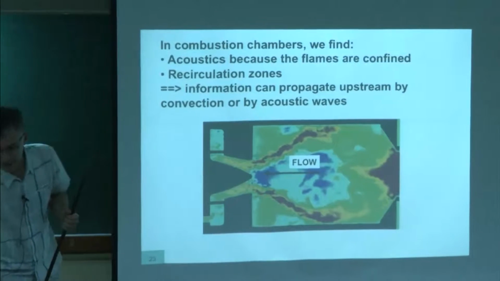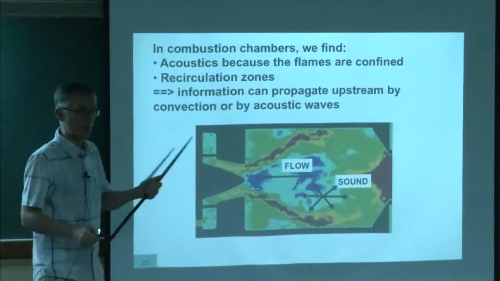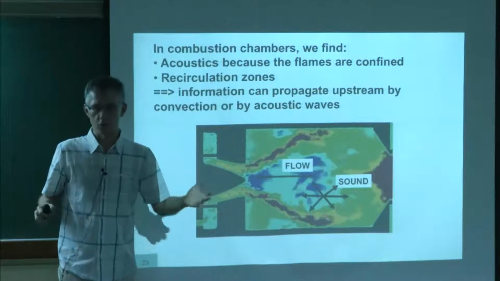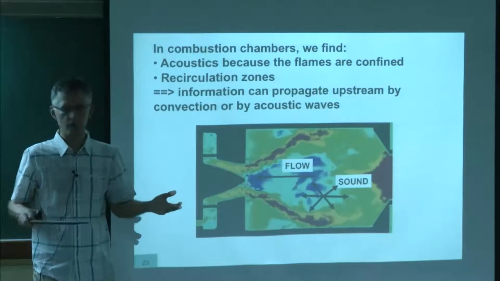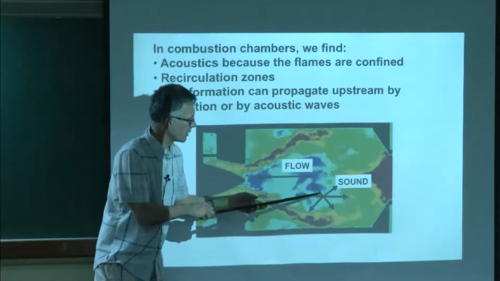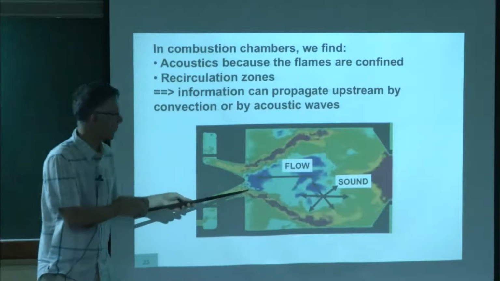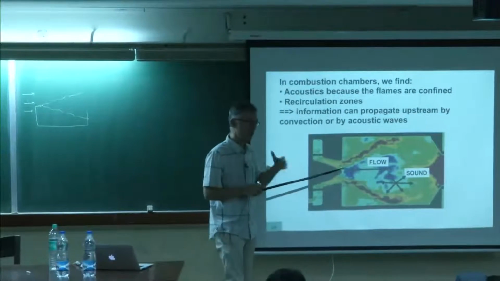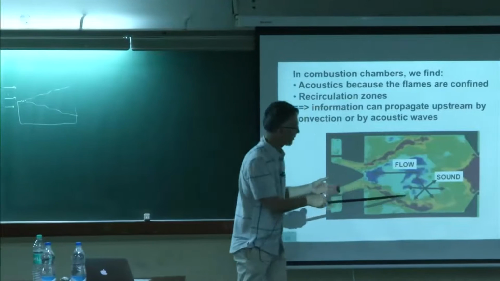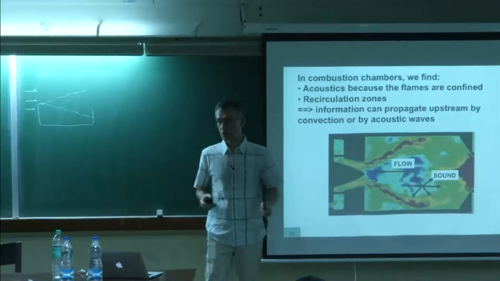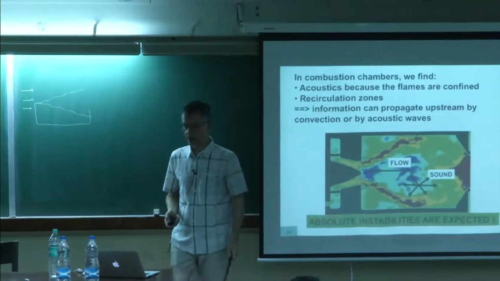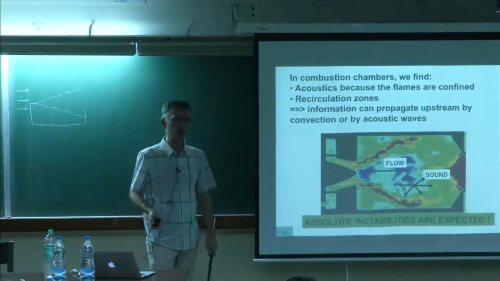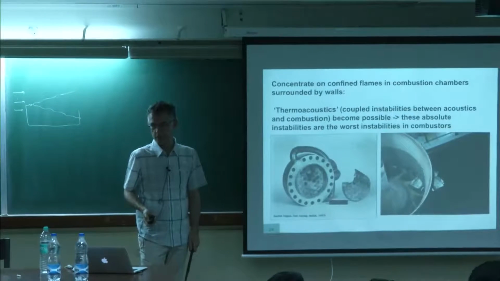And there's a second mechanism, which is, of course, that if you are in a subsonic flame, and almost all the flames we're going to describe today are subsonic, then you can have sound. If there is sound here, sound is also able to propagate upstream. So we are really in this position where there are many ways by which a flame can become absolutely unstable. So it's not surprising that we're going to have instabilities. So we expect absolute instabilities in many of these reacting flows.